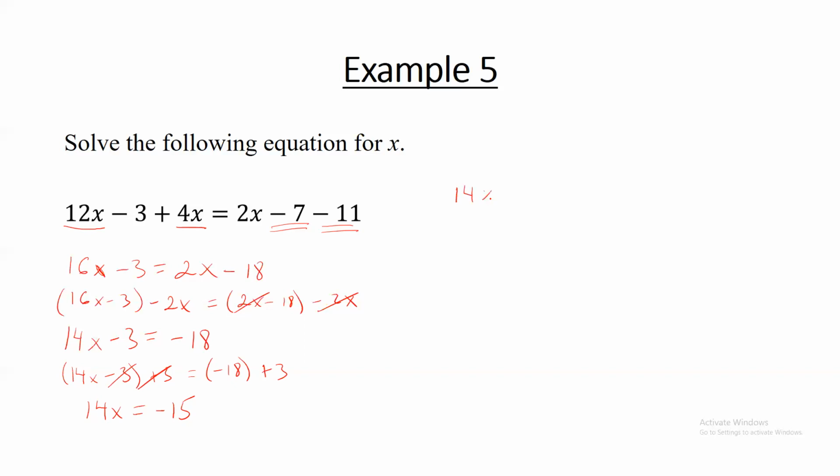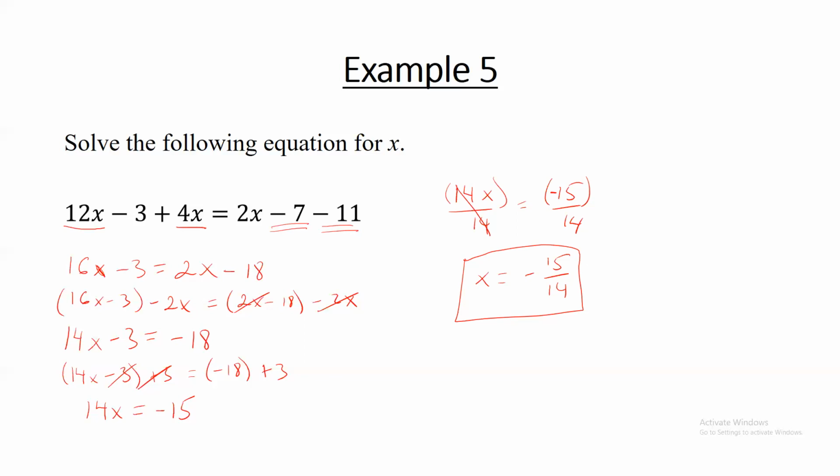So 14x divided by 14 equals negative 15 divided by 14. The 14s cancel, and x equals negative 15/14. Right? We can't simplify this fraction any further, so we can just write our answer as x equals negative 15/14.